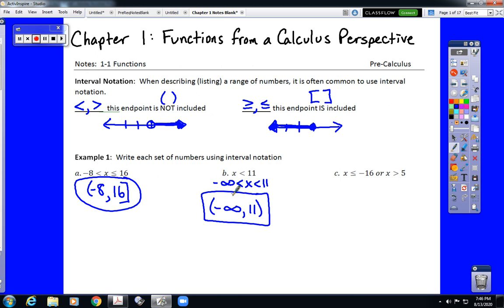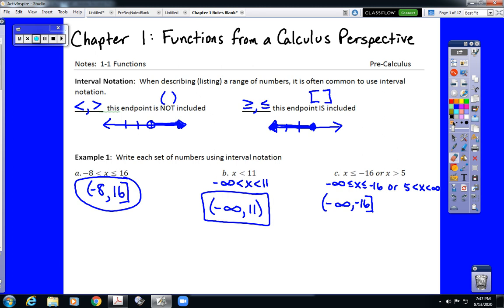Letter C is going to require an additional symbol that we didn't have before, the or symbol. So here we have -infinity is less than or equal to x is less than or equal to -16, or 5 to x to infinity. That's what that's saying. So what we do is we write out two different intervals from -infinity to -16, and that is included.